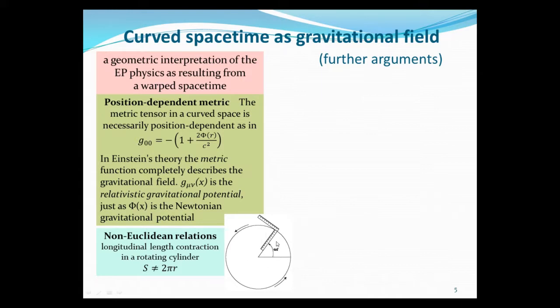But now, because it's rotating, you have length contraction in the direction of the circumference, but because the radial direction is perpendicular to the direction of motion, there's no length contraction. So therefore, the relation between circumference and radius is no longer 2 pi r. So the Euclidean relation no longer holds in the presence of gravity.